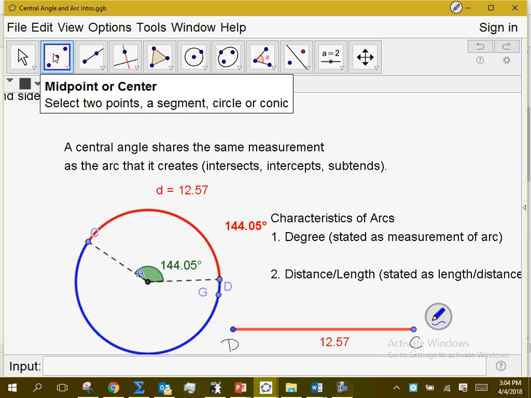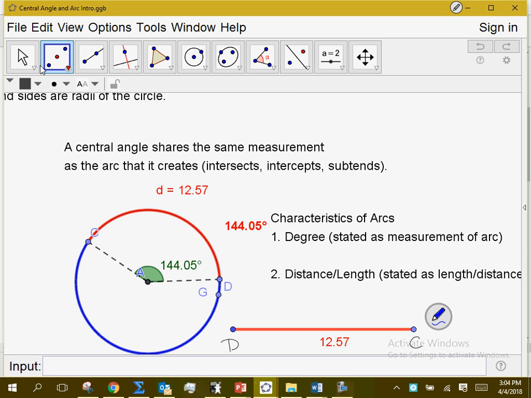Well, I'm not sure how to do that on Judger, but that arc is 12.57 units long, right? Can I cut that in half? Okay, so I should be able to find 6.285, which would be the halfway point between C and D on that red arc, okay?